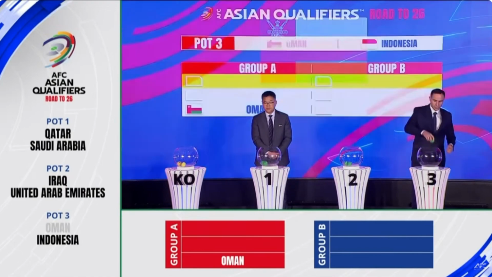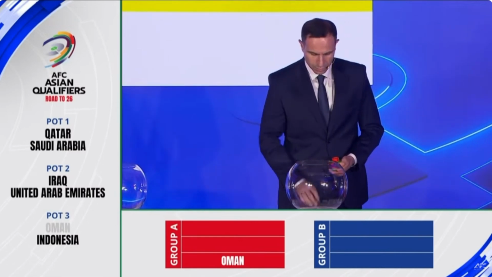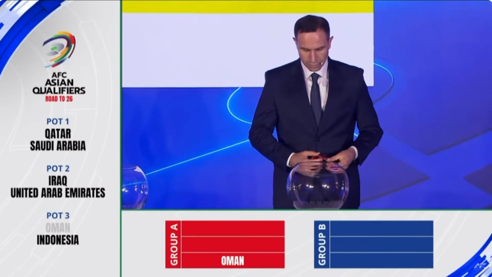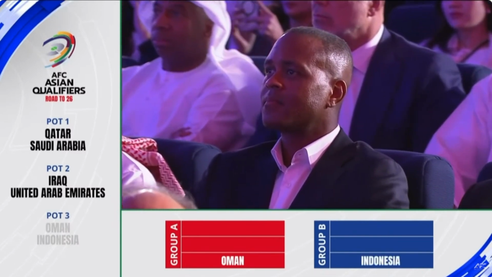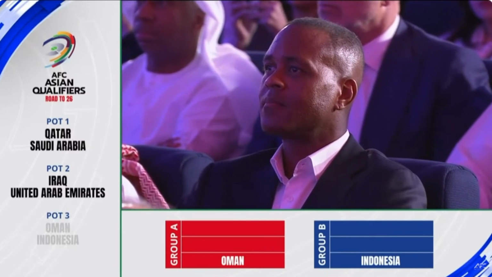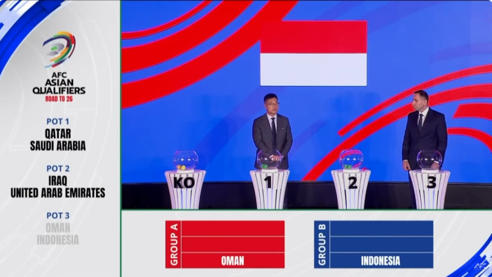And the next team for B3 position, Indonesia. Indonesia for B3, FIFA ranking 118, and Indonesia is the only team who made it from round 1 all the way to this qualification stage.